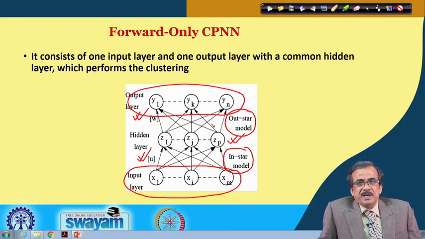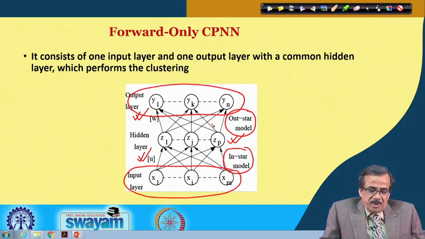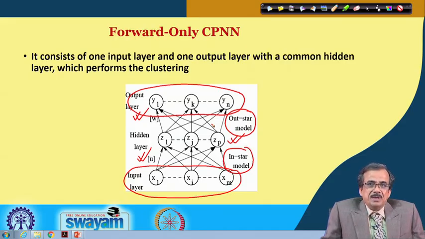As we have already mentioned, this CPNN can be used to model the input-output relationship of any engineering process. If we compare the performance of this CPNN with the back propagation neural network, multi-layered feed forward network or radial basis function network, there is a possibility that we may not get so much accuracy in this CPNN.